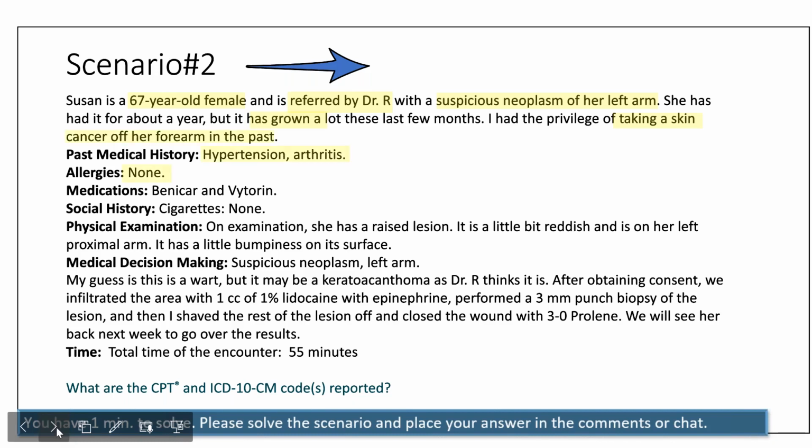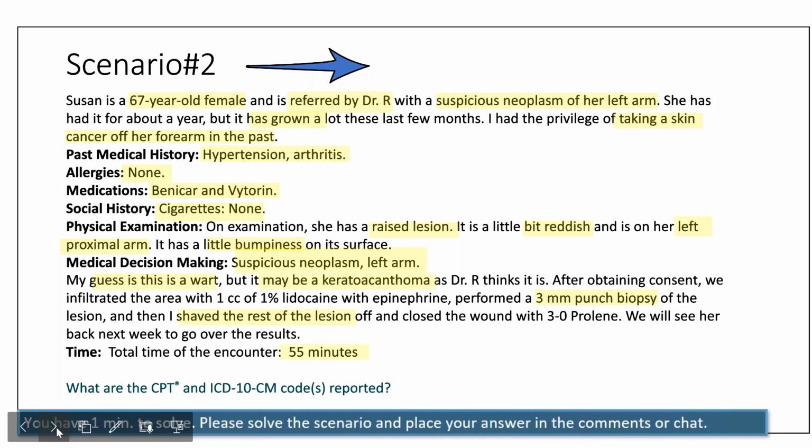She has a history of hypertension and arthritis. Those are your allergies, medication, social history. Physical exam is raised lesion, a bit reddish. It's a little bit bumpy, and it's on her left arm. He says suspicious neoplasm in the left arm, might be a wart, but it might also be keratoacanthoma, which I can't say. He performed a 3 millimeter punch biopsy of the lesion and shaved the rest of the lesion.